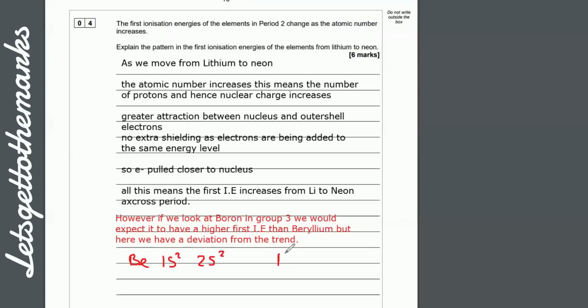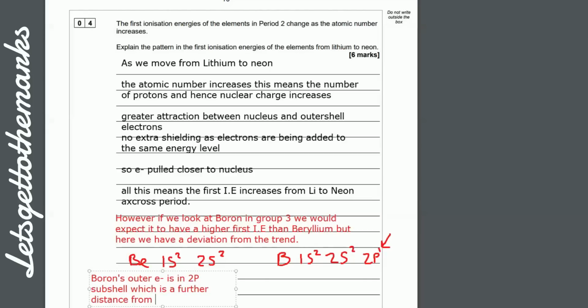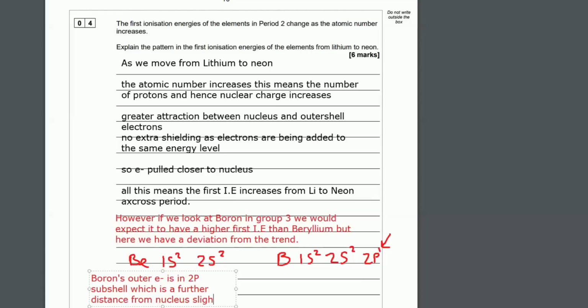But when we look a little bit closer, we're going to see something else that actually changes the order of the first ionization energies. So when we look at beryllium, it has a full 2s subshell, and so does boron, but boron has this lonely little electron in a 2p subshell that is slightly further away from the nucleus at a slightly higher energy level than the s subshell, and of course therefore it has a little bit of shielding from the 2s subshell, and that electron is actually easier to remove than breaking into that full subshell in beryllium and removing that electron.